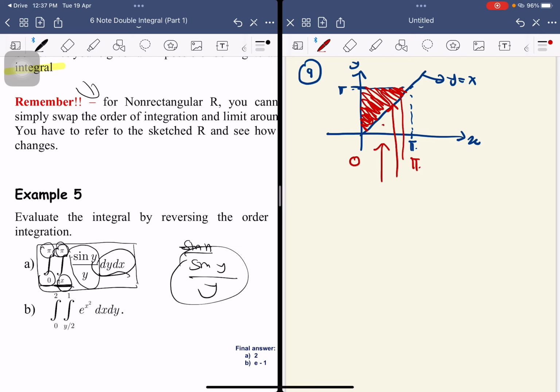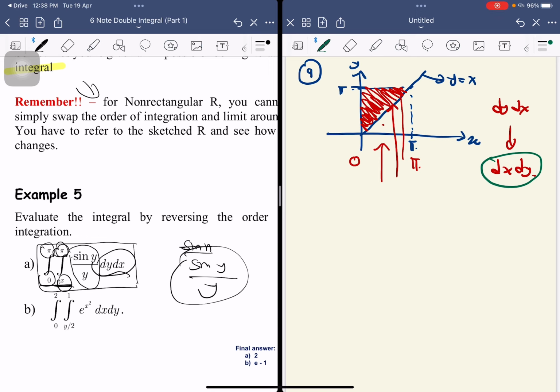Now we would like to find the new limits for the new order. Instead of dy dx, now we would like to change to dx dy. If we change to dx dy, we must remember that we're going to use a horizontal strip.